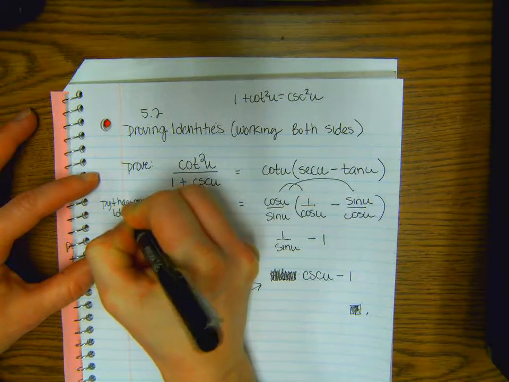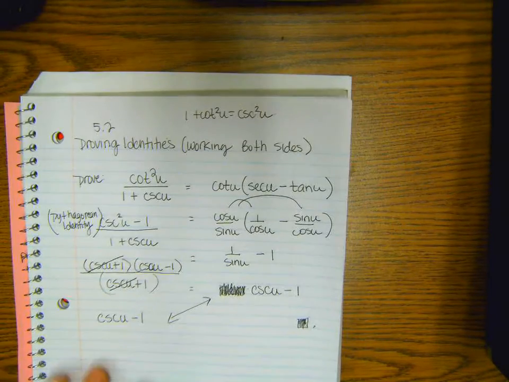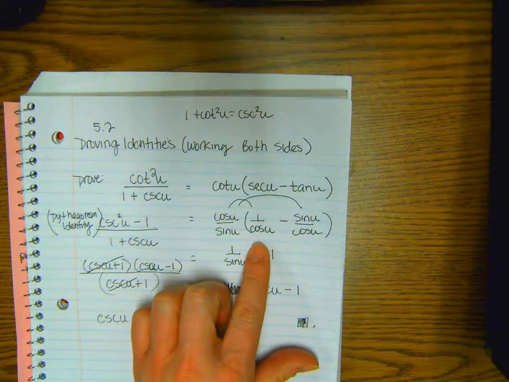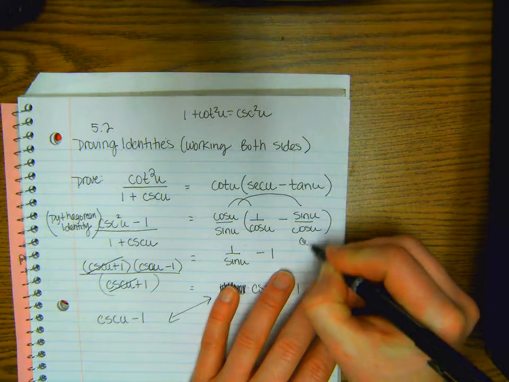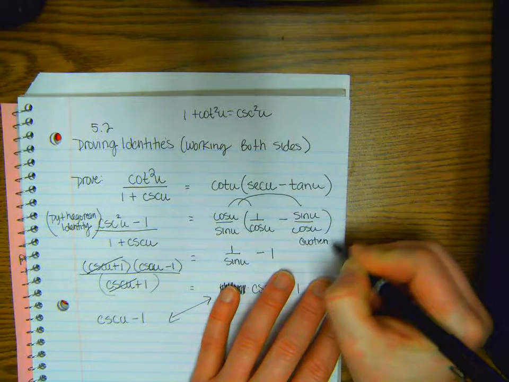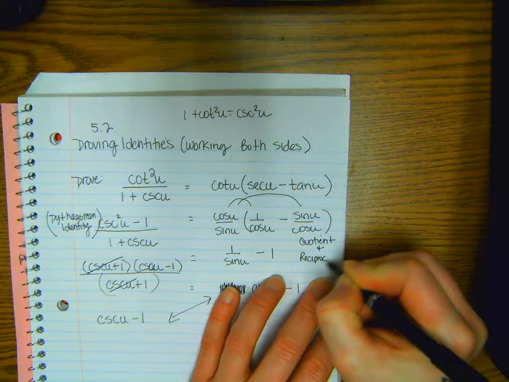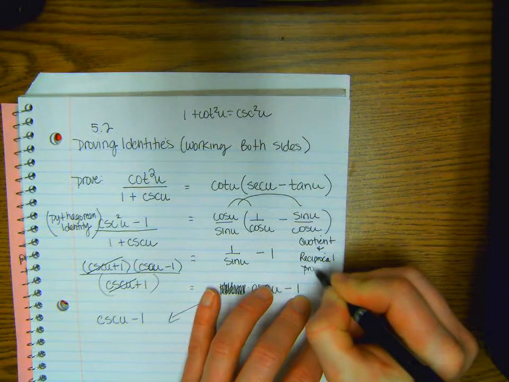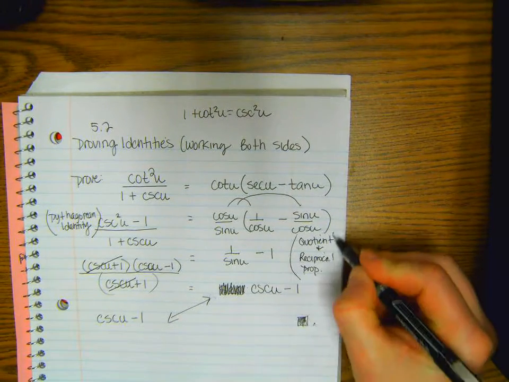Okay. And then here we rewrote, so we used just quotient and reciprocal properties. You can call them identities or properties. So those would be my justification. Okay, does that make sense?